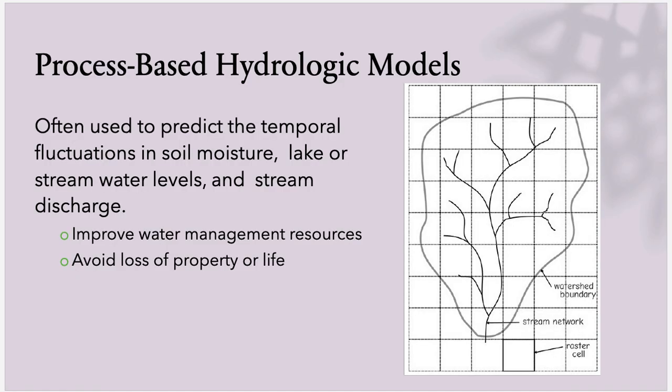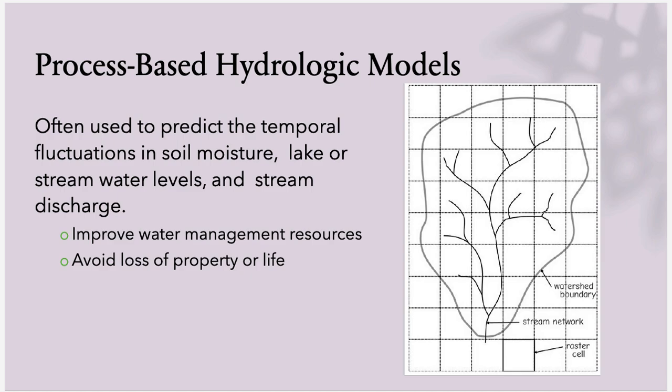Other examples of spatiotemporal models are the process-based hydrologic models, and these are often used to predict the temporal fluctuations in soil moisture, lake or stream water levels, and stream discharge.